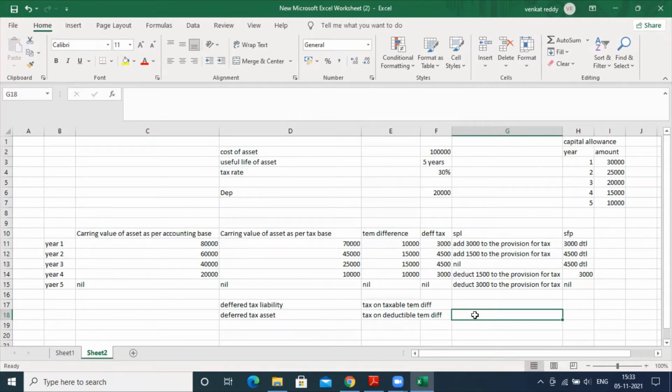So before we go with a case on deferred taxes from our SBR, if you have any query, let me know.